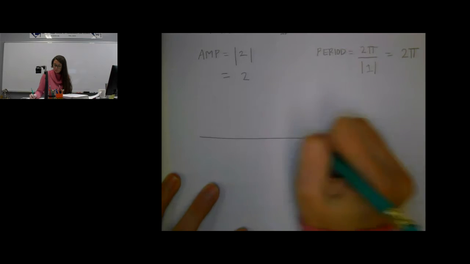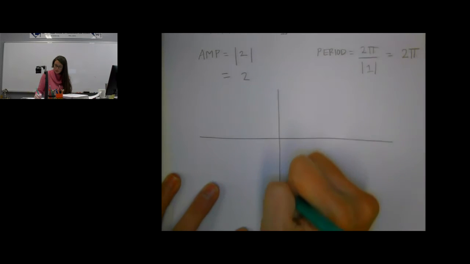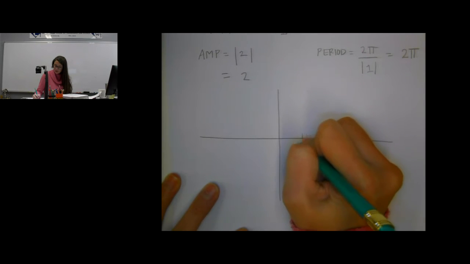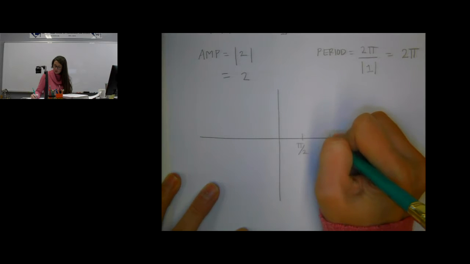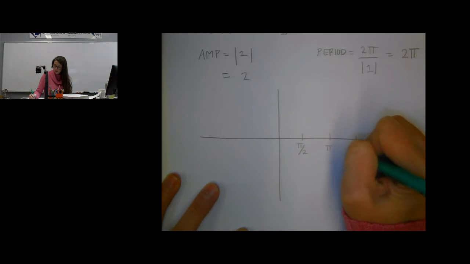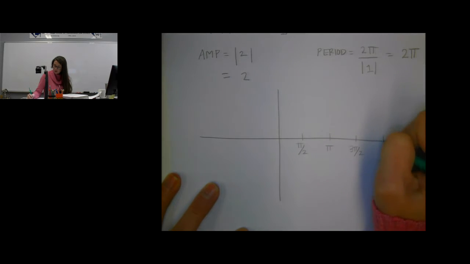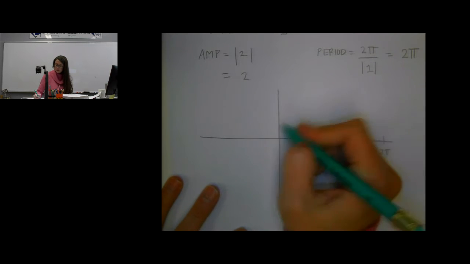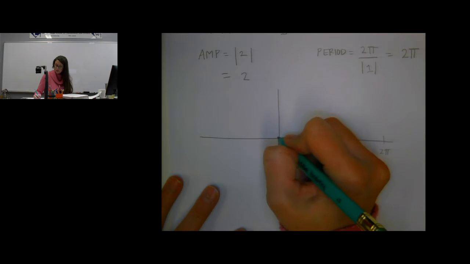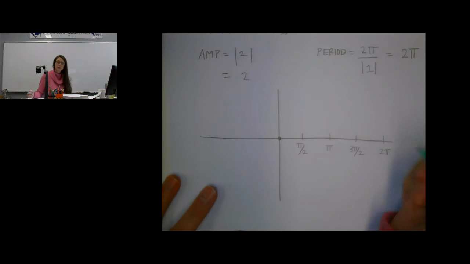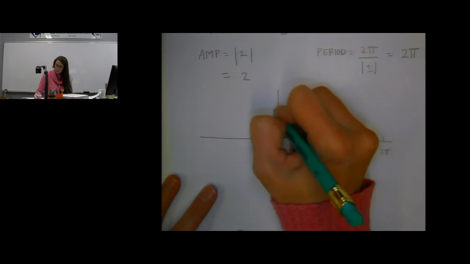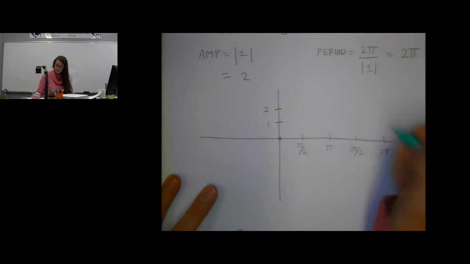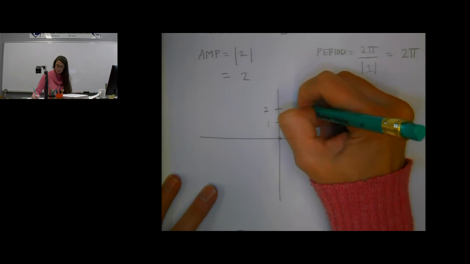Okay, so let's think about this. These are not going to change. So it's going to be pi over 2, pi, 3 pi over 2, and 2 pi. And then you can do the negative side as well. When we're at 0, we're going to be at 0. Instead of being at 1, we're now going to be up at 2. So at pi over 2, we're going to be up at 2.